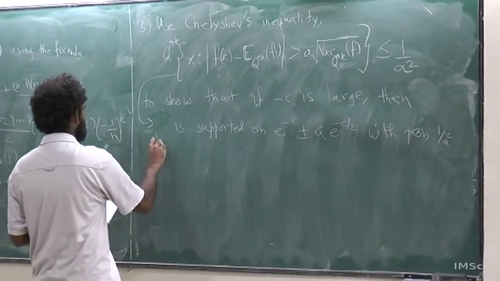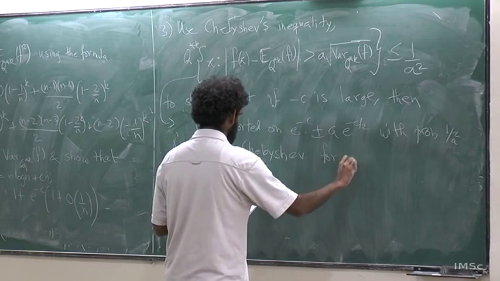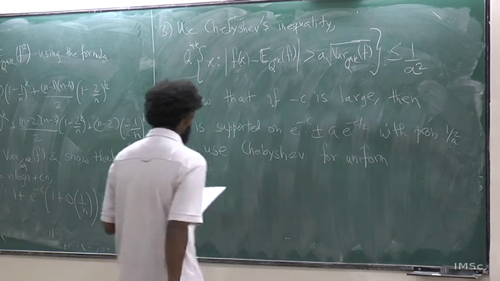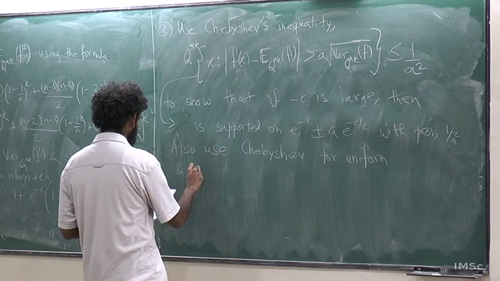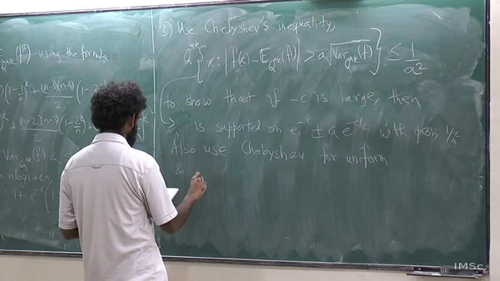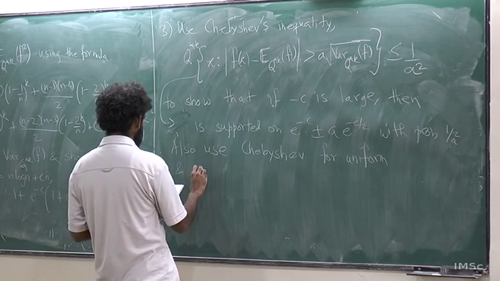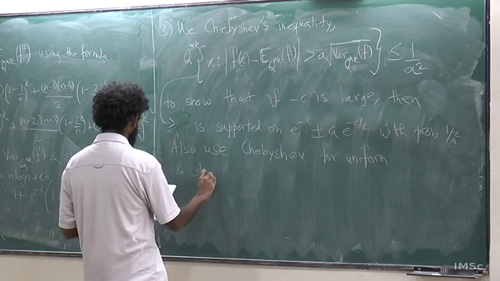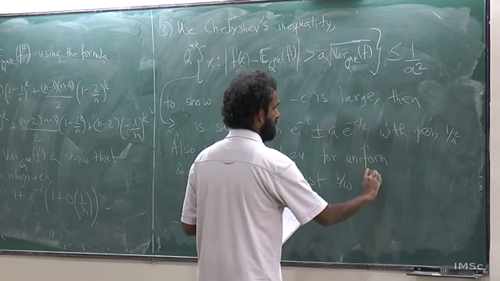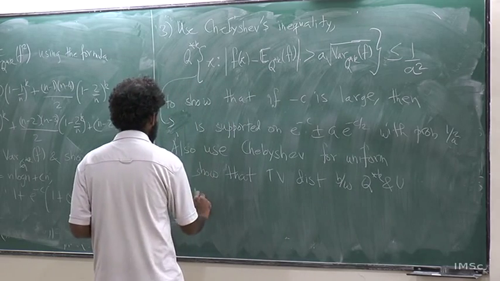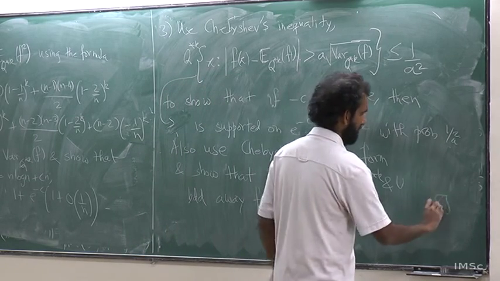And show that the TV distance between Q star K and U is bounded away from 0. Okay, so this completes the proof.